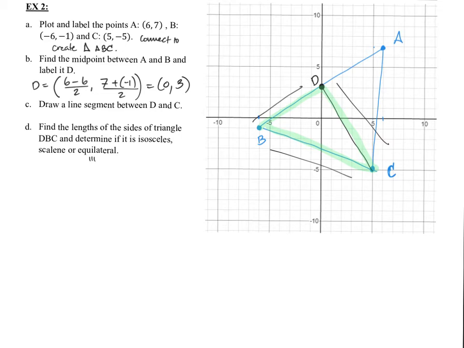So, BD. And it doesn't matter, you could rewrite that as DB if you wanted to. We'll take the difference between the x values.